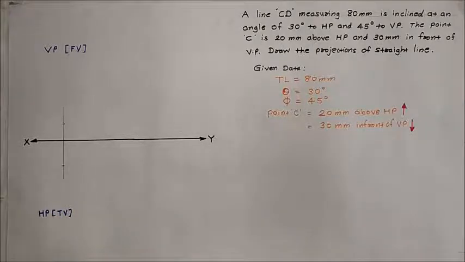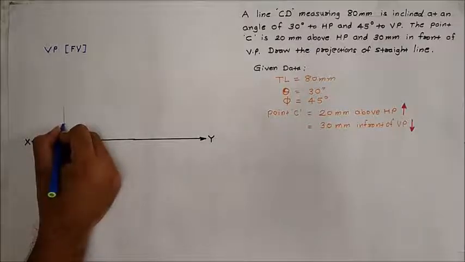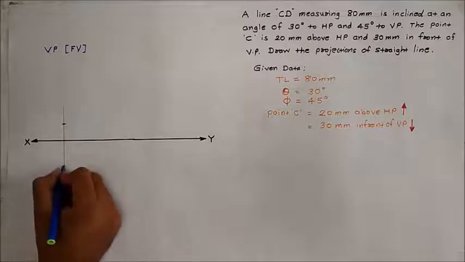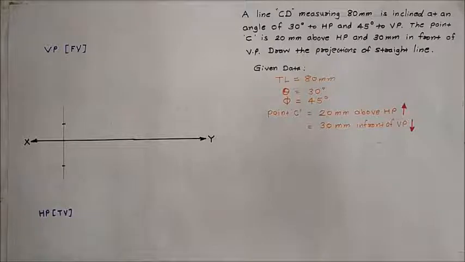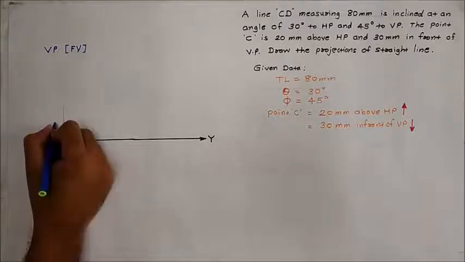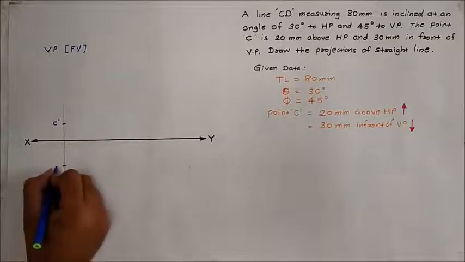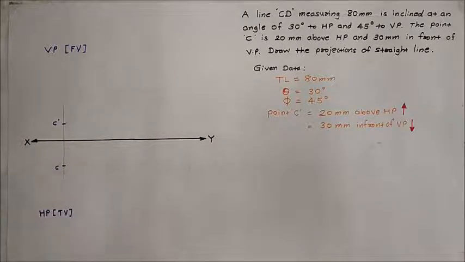In the front view, we generally use the nomenclature in dash format, and in the top view we use the nomenclature without dash. So give the nomenclature as C dash in the front view and small c in the top view.